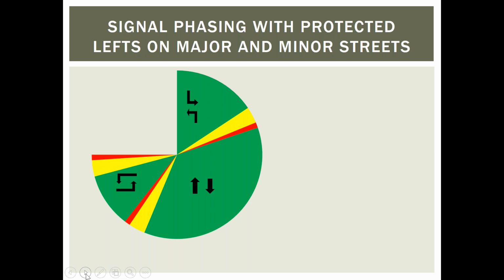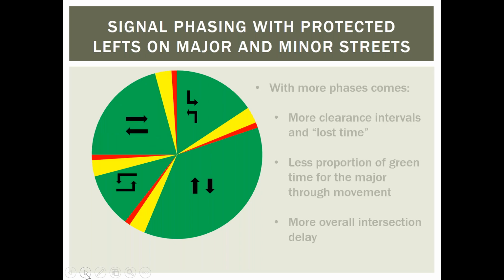And again, the yellow clearance, all red, and then minor street through movement. And by the time you start to add all that up, every time we introduce a phase, a protected left turn phase, it's basically more lost time, more startup time, more lost time, and less time that can be given to the major street through movement.